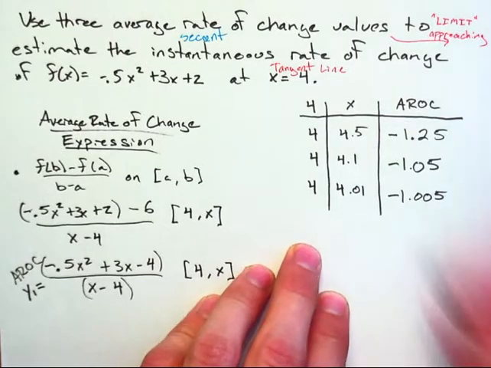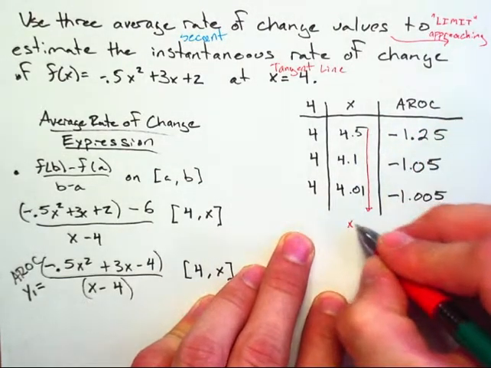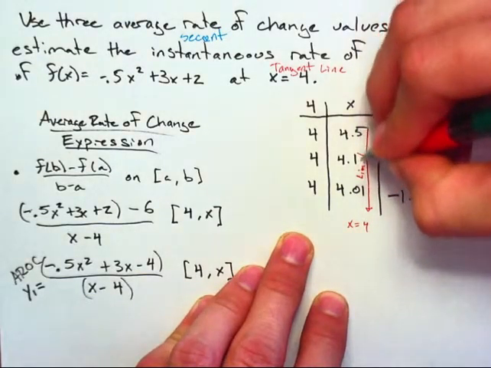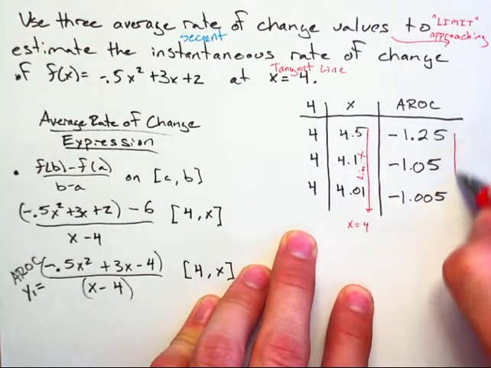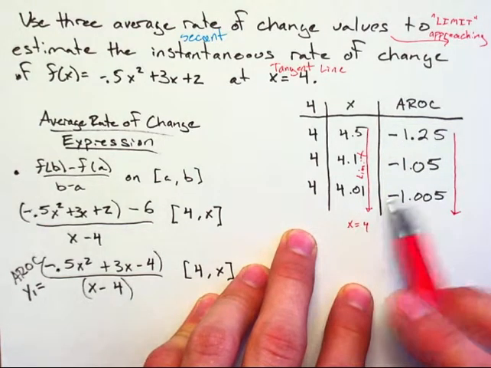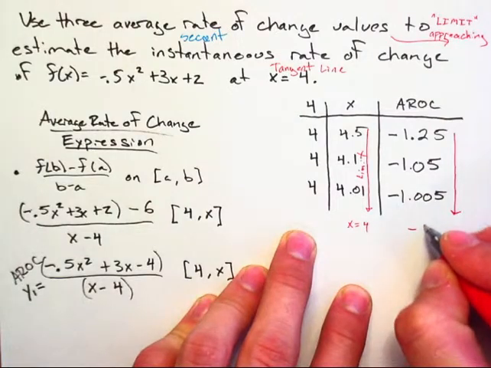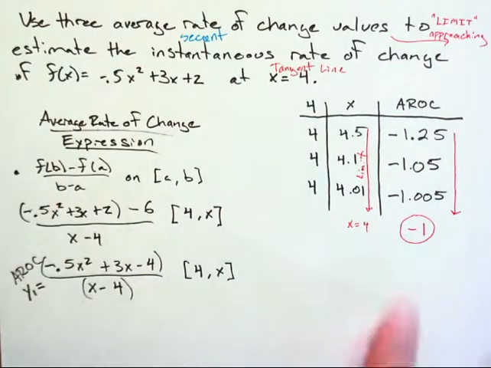As these values are getting closer to x equals 4, that's your limit process. We take a look at what these values are getting close to, and it's pretty easy to see that they are getting closer to the value of negative 1. So that would be my estimate of the instantaneous rate of change.